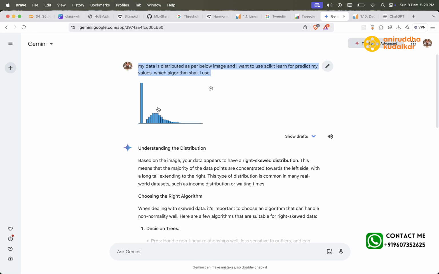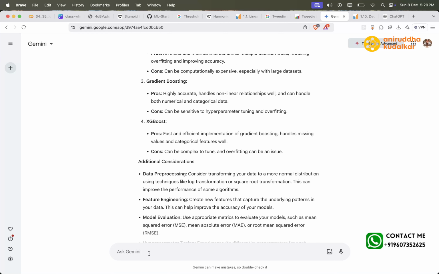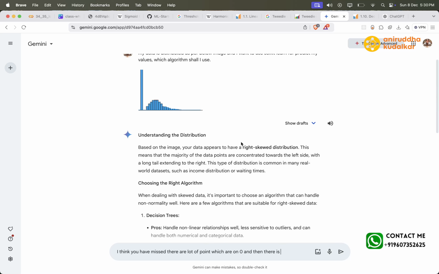So this guy has, okay, now you can say you have, I think you have missed. There are a lot of points which are on 0, and then there is a right skewed distribution.